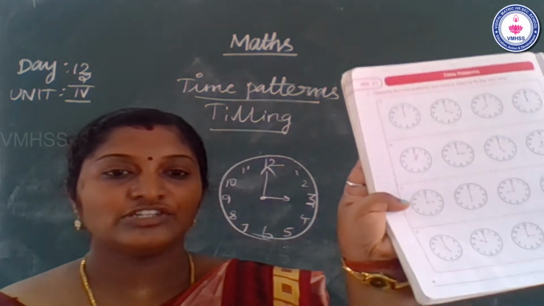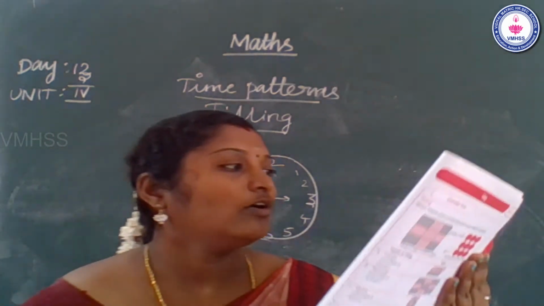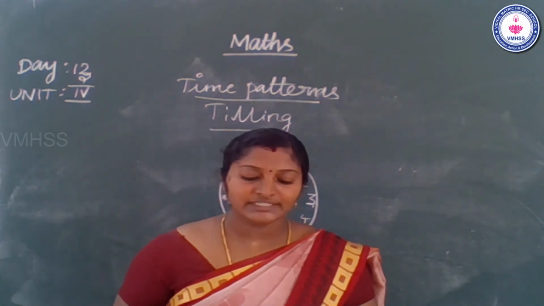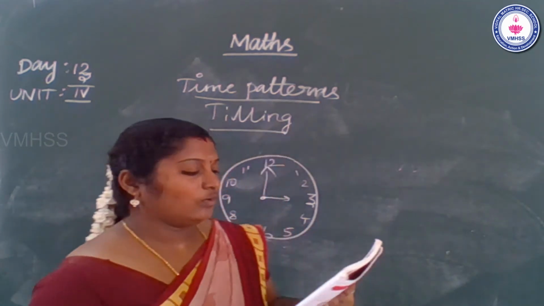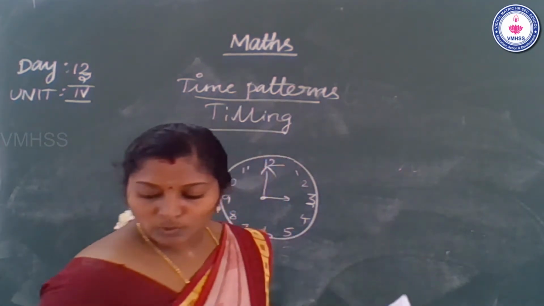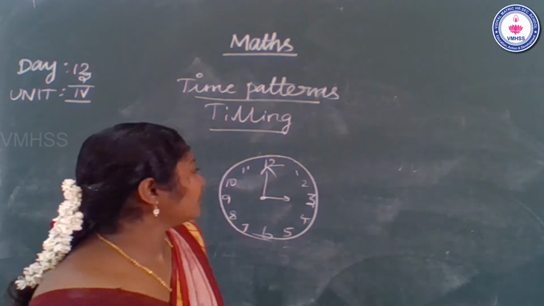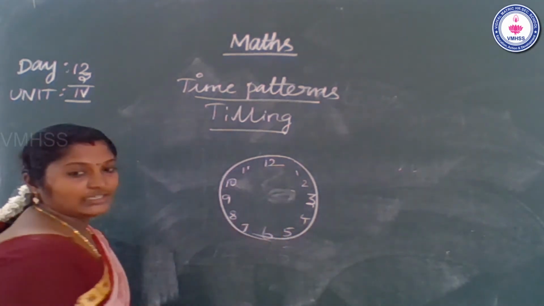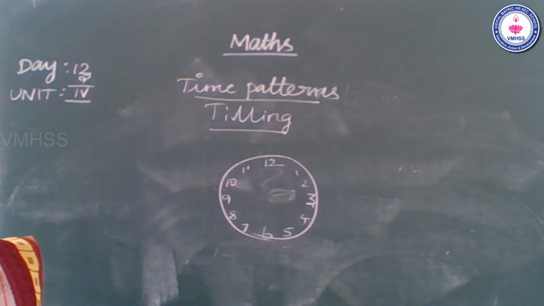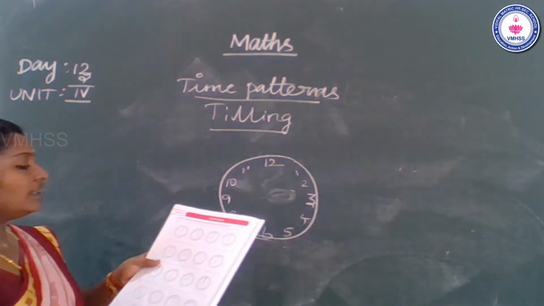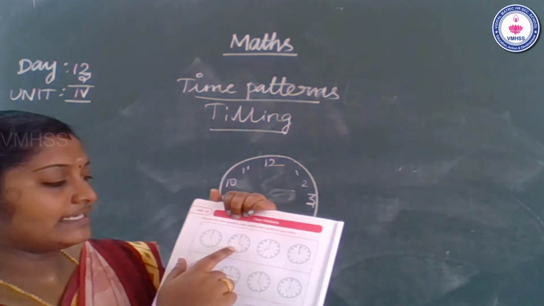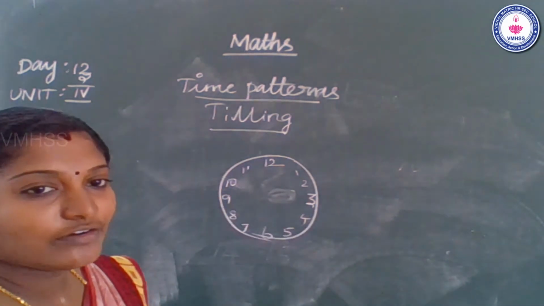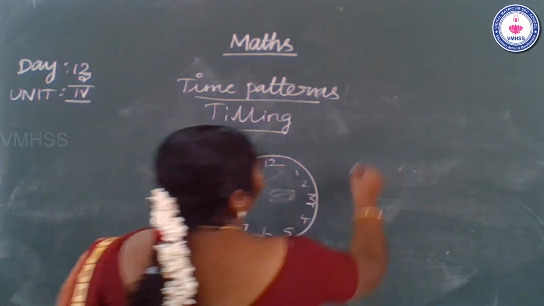Already we drew one clock, so we change the time only. Listen: first one, 12 o'clock. Next one, 4 o'clock and 8 o'clock. So add 4, increase by 4.